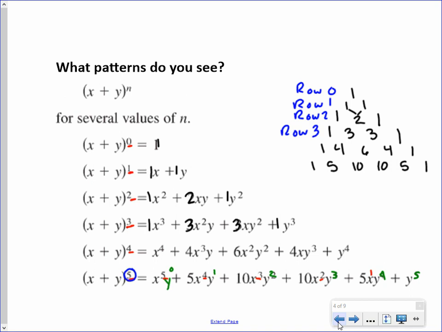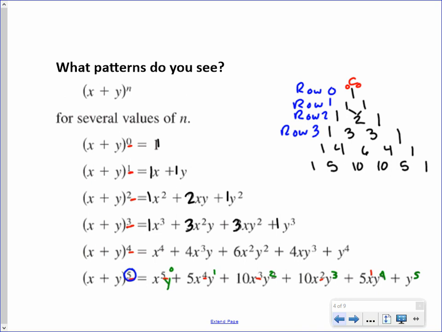So one of the reasons why I love Pascal's triangle so much is that it does so many things. All of these numbers in Pascal's triangle are the combinations that you calculate in your calculator. So in this first row, row 0, this is a combination of 0 items chosen 0 at a time.